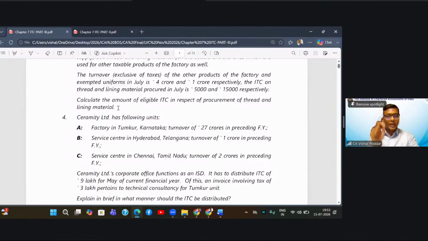When I subtract this 4,000 from 20,000, the balance 16,000 credit is for the taxable supply. So out of my total credit, 16,000 will be eligible because that is the proportionate credit attributable to my taxable outward supplies.